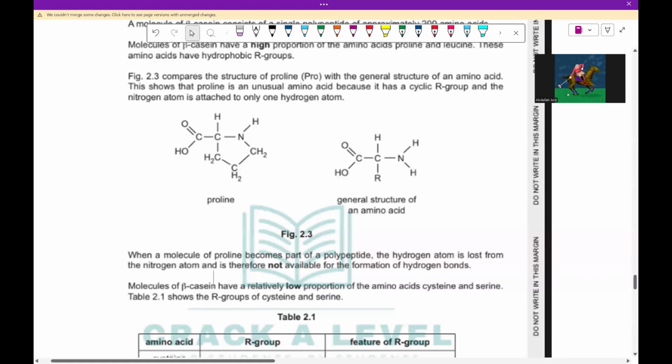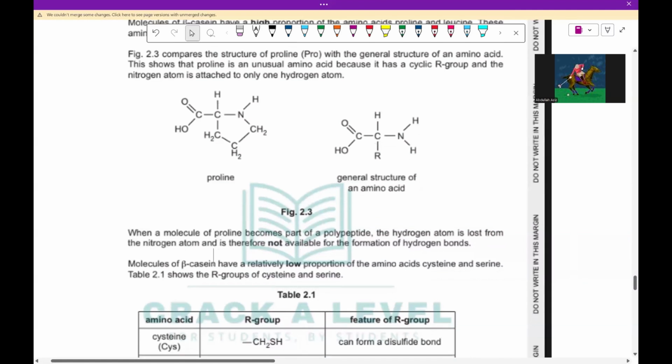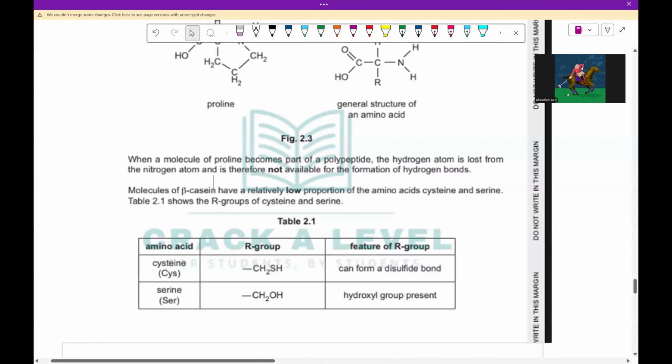When a molecule of proline becomes part of a polypeptide, the hydrogen atom is lost from the nitrogen atom and is therefore not available for the formation of hydrogen bonds. Molecules of beta-casein have a relatively low proportion of the amino acids cysteine and serine. Figure 2.3 shows the R groups of cysteine and serine.